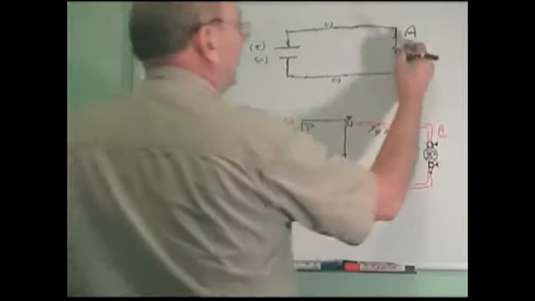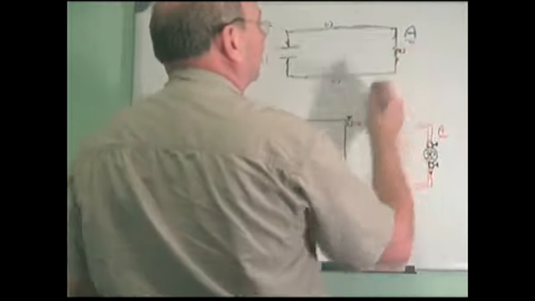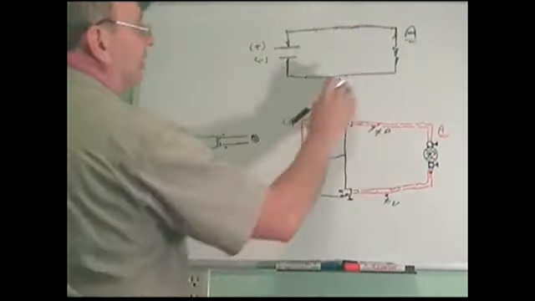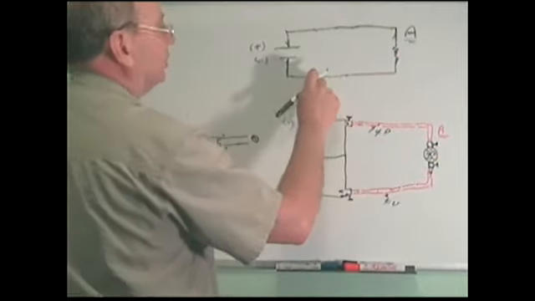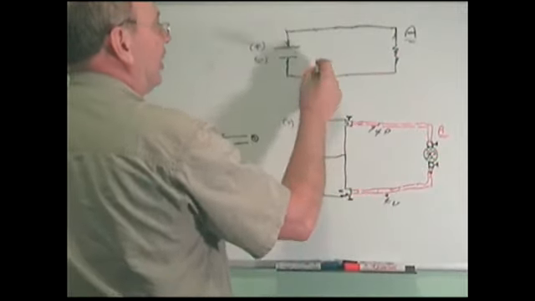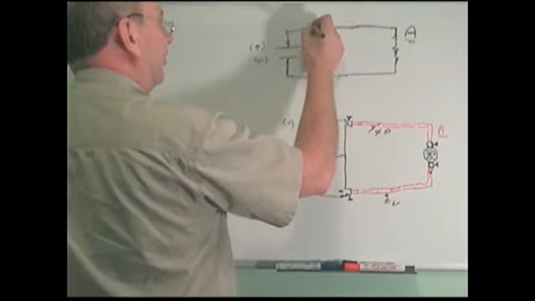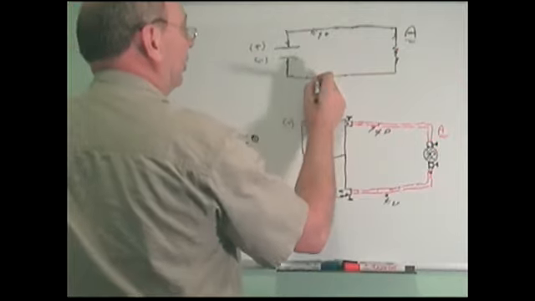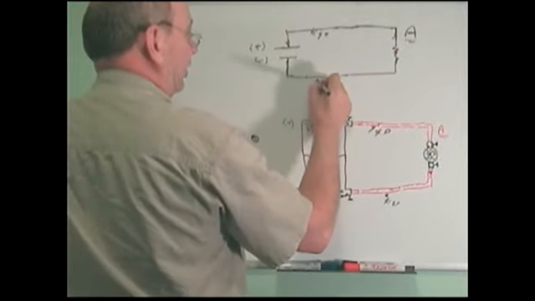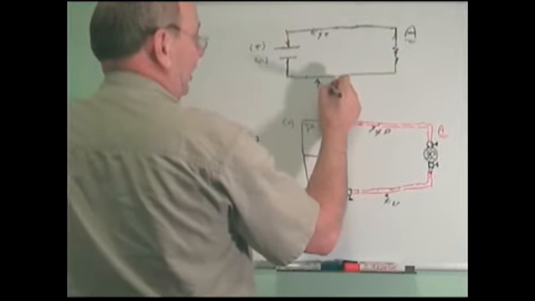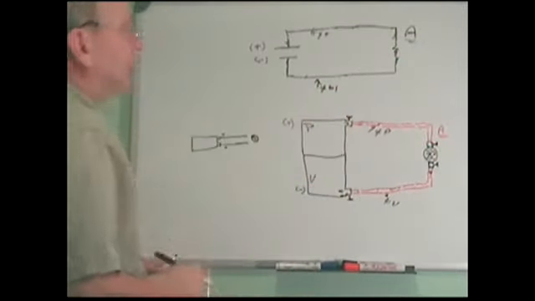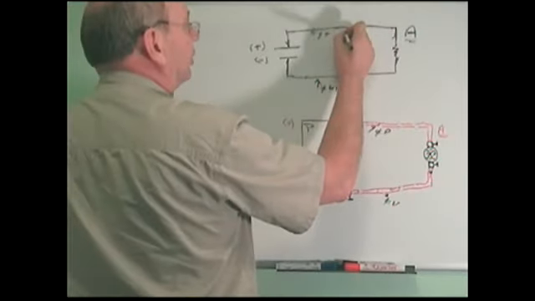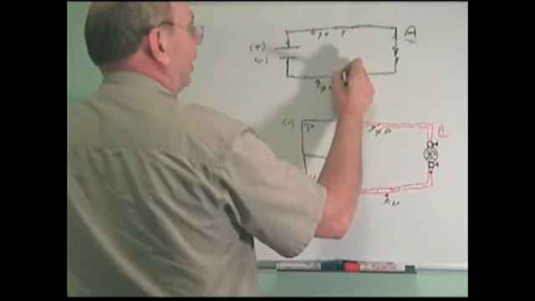Okay, so the same thing happens when we close this switch. Once we close this switch, this wire here is at the same charge as this wire here. So this wire here is no longer positive, no more than this wire here can be called negative. Okay? Now, there is a pressure differential. Okay?